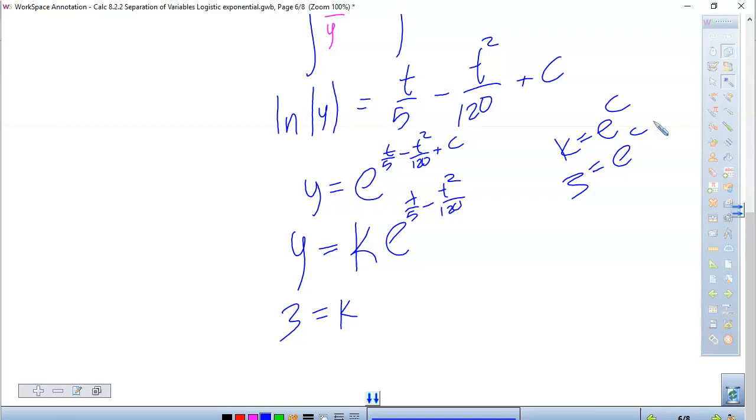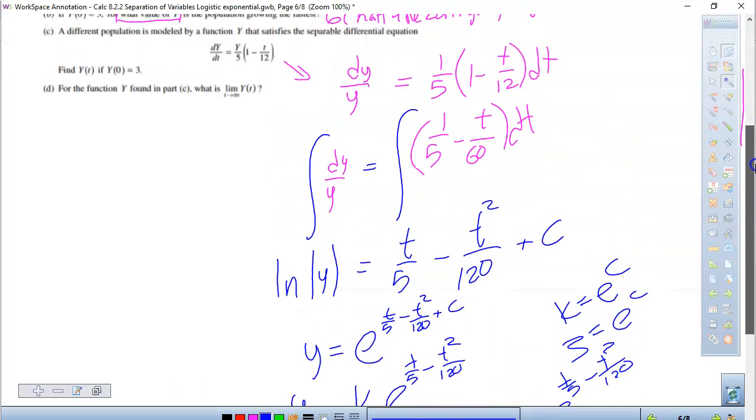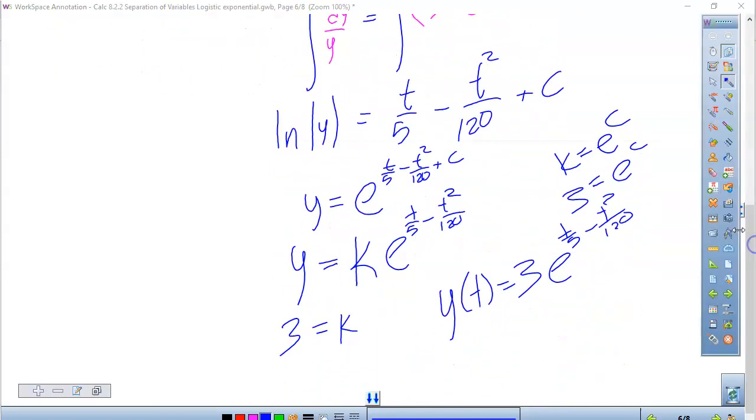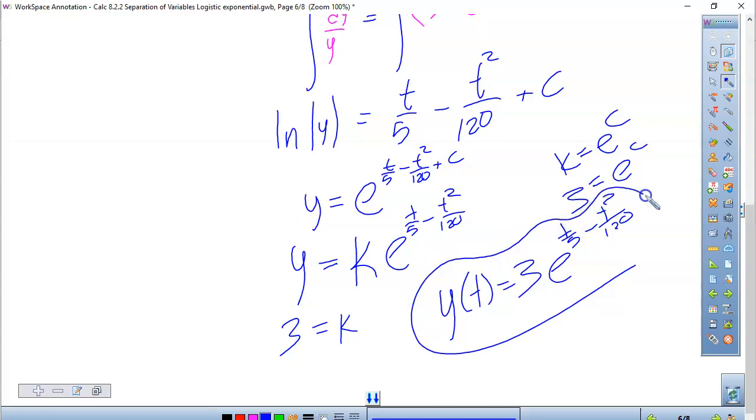So you could simply say, I've got a formula: y of t is 3 e to the t over 5 minus t squared over 120. There's my formula. Then you'd have to get to part D.